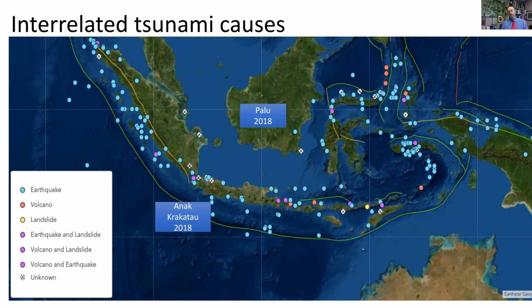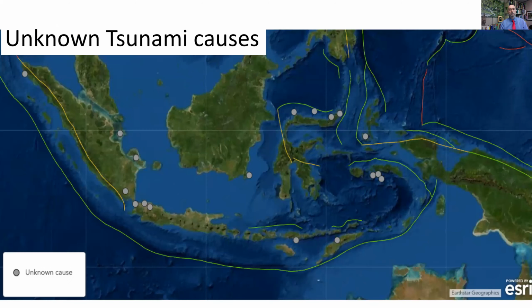It's an active volcano, and it was a flank collapse that caused the tsunami at that place, claiming more than 400 lives. And then there are some cases where tsunami occurs and we don't have a clear understanding of what caused it. It can be that there is no seismic evidence, it's late at night and the wave comes in with an unclear origin.